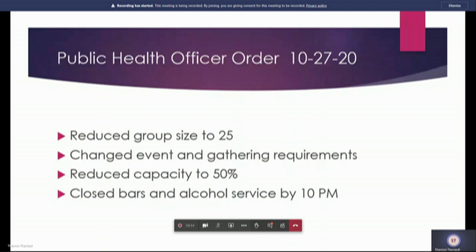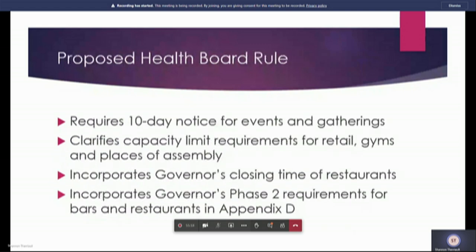And then the health officer order took that down to 50% capacity to reduce crowding and to enhance the ability for customers to spread out within the businesses. And that 1027 order, which is in effect right now, also closed bars and alcohol service in restaurants by 10 p.m.